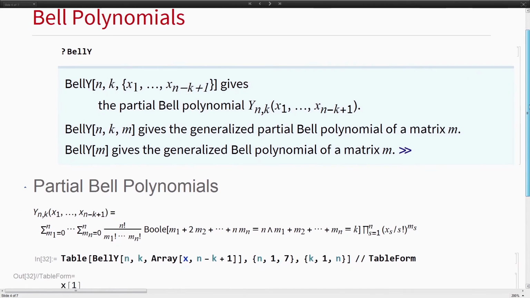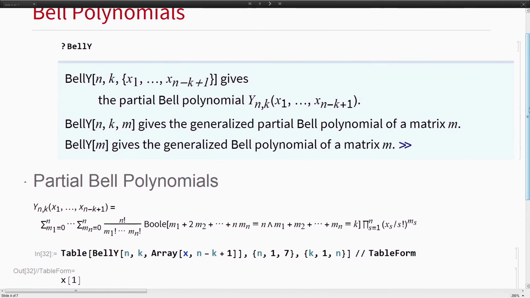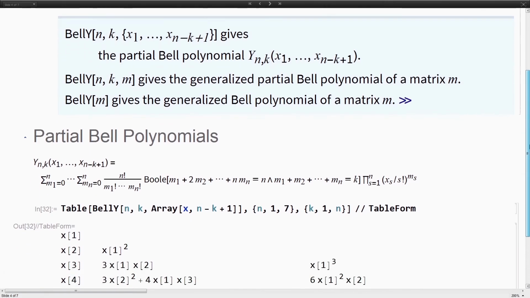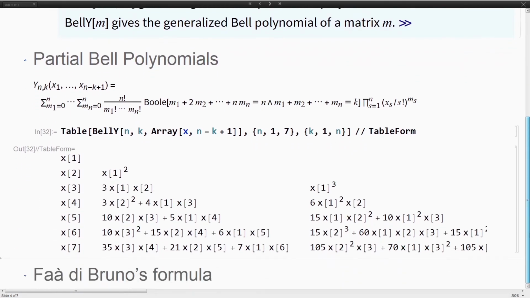This partial Bell polynomial is notable for several properties, but the one we'll discuss today is its use in differentiation of composition of functions. This shows up in Faà di Bruno's formula.